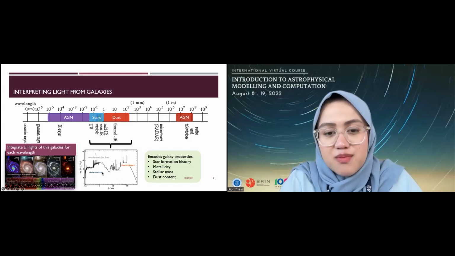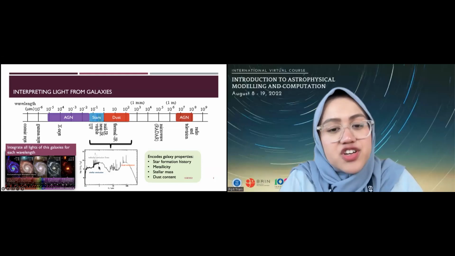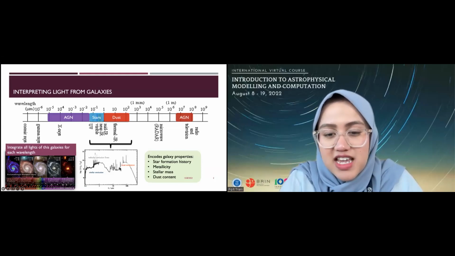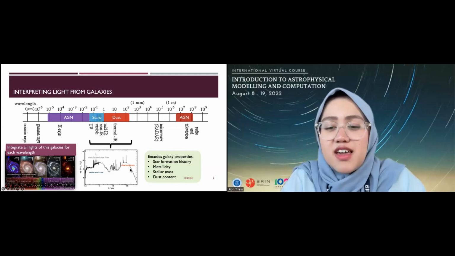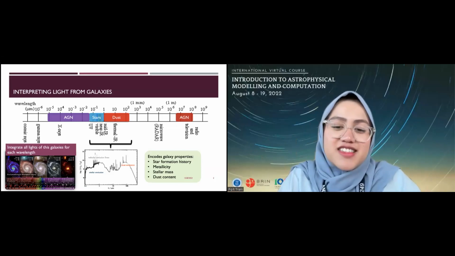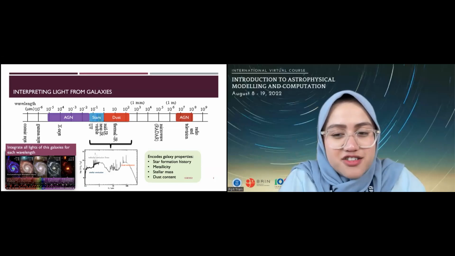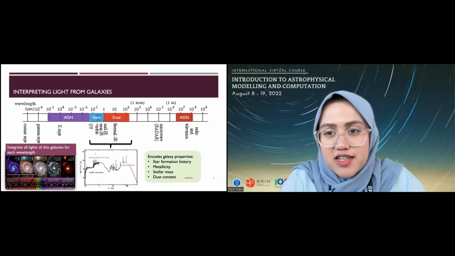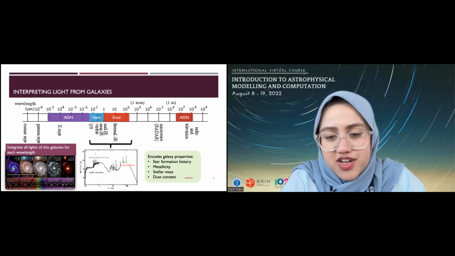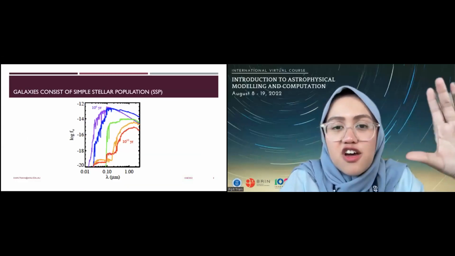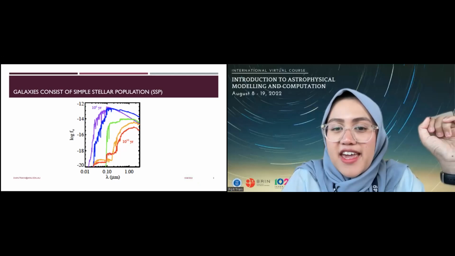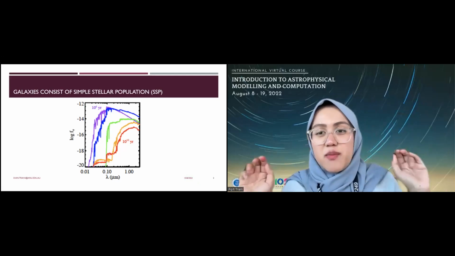And then we can compute how much is the stellar emission, how much the nebular emission lines, and the dust emission in one graph. We translate this figure into lots of physical properties of galaxies. So we infer the star formation history, the metallicity, the total stellar mass, and the dust content of galaxies from the SED. And this is how we model the SED.